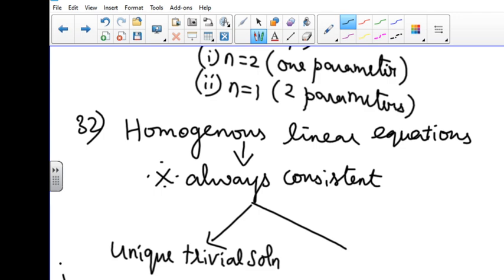So how to get a unique trivial solution? Rank of A is equal to rank of A bar B equal to n. Here determinant of A is not equal to 0. We can use this also.